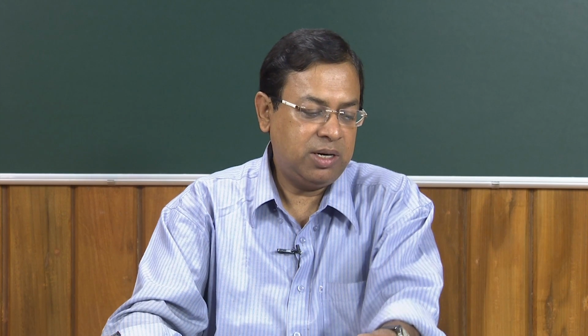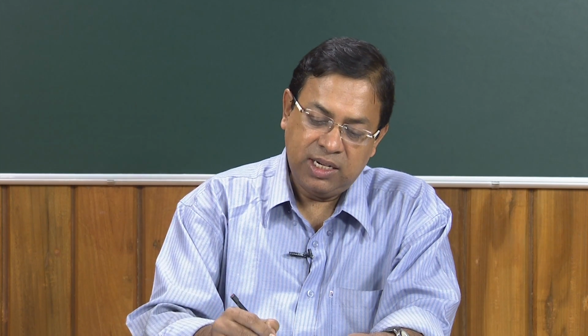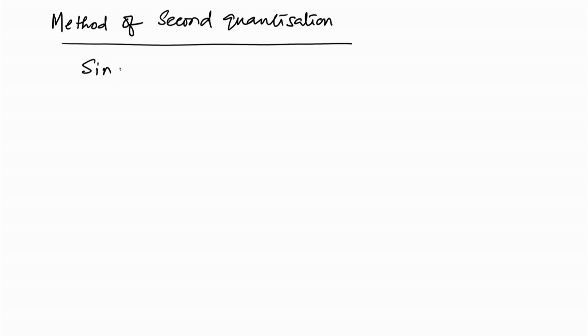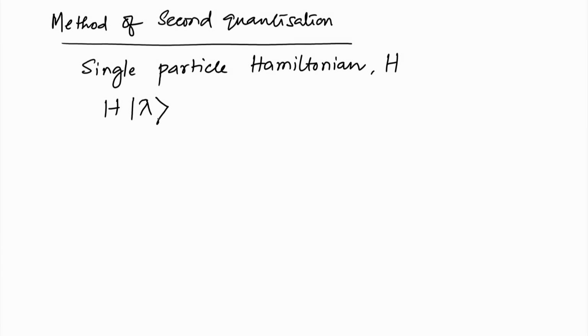So, follow these notes along with a book that is going to be prescribed, and then you will learn this better. What we are trying to say is that let us take a single particle Hamiltonian H, where H acting on a state lambda gives me epsilon lambda and returns the same state.